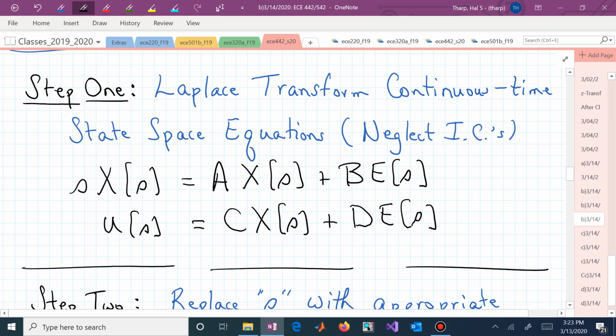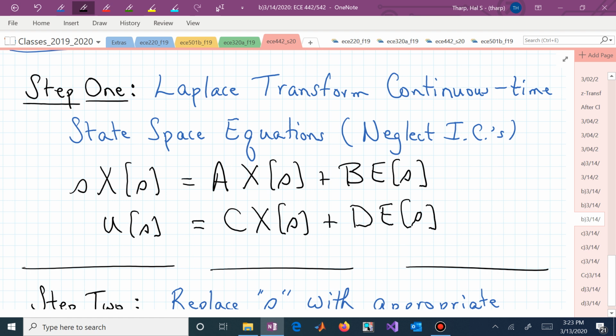What we now want to do is replace the operator. S is an operator. X of s, U of s, E of s, those really are just functions of s. It's not the operation s in the argument of x, e, or u.